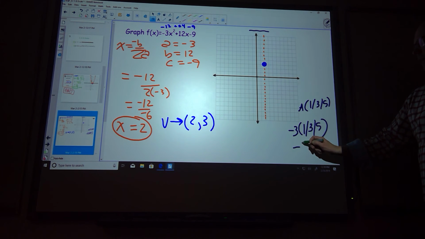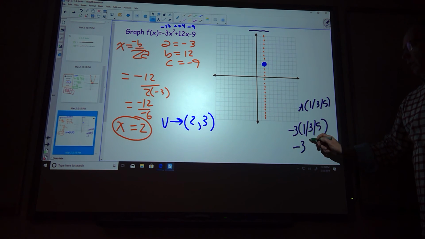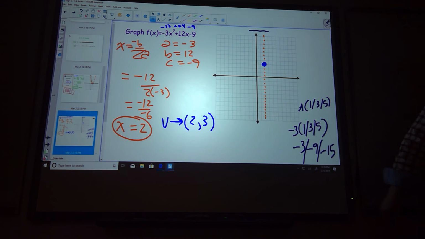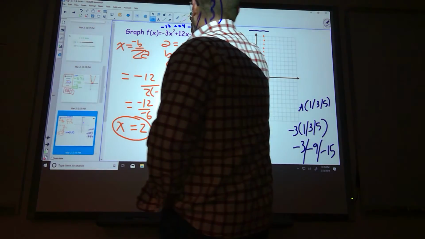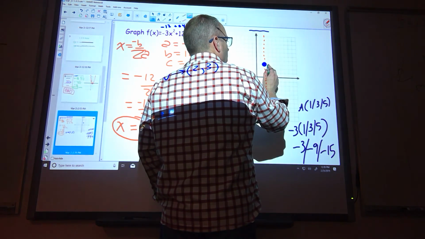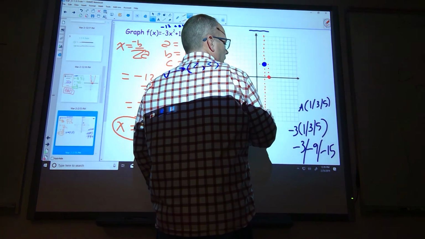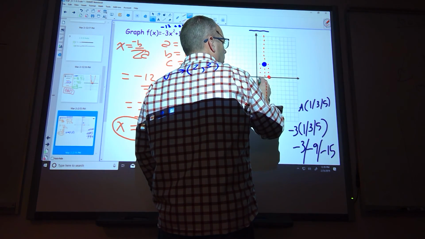That's going to give me negative 3, then negative 3 times 3 is negative 9, and then negative 15. This is going to grow pretty quickly in the negative direction, so it's probably going to go off our graph pretty quickly. But for my graph, it's still going to be the same thing. Ready? Right 1 and down 3. Left 1 and down 3.